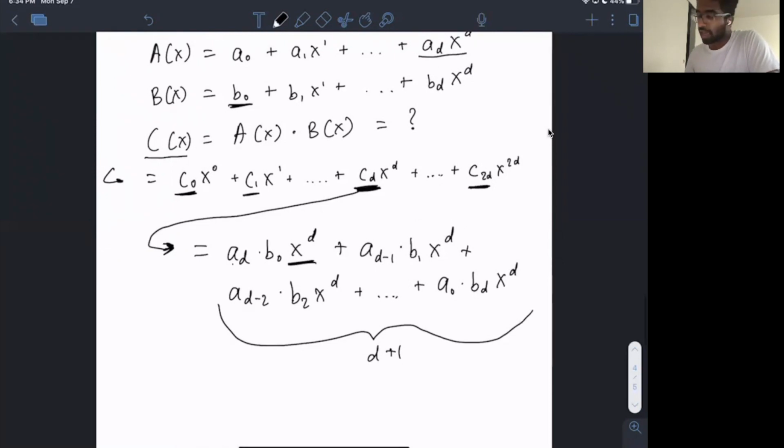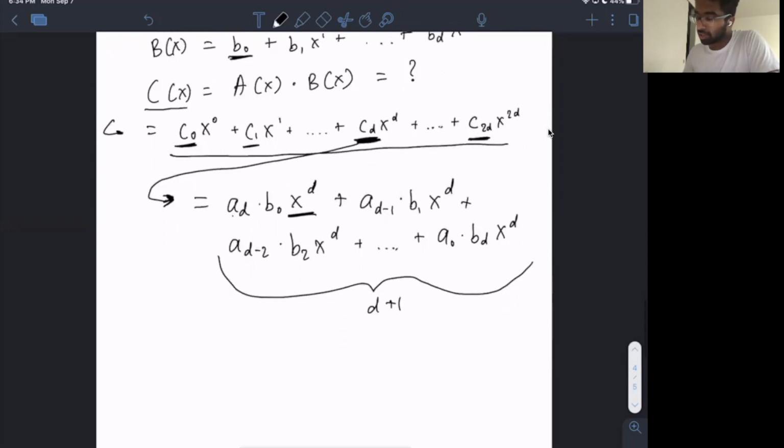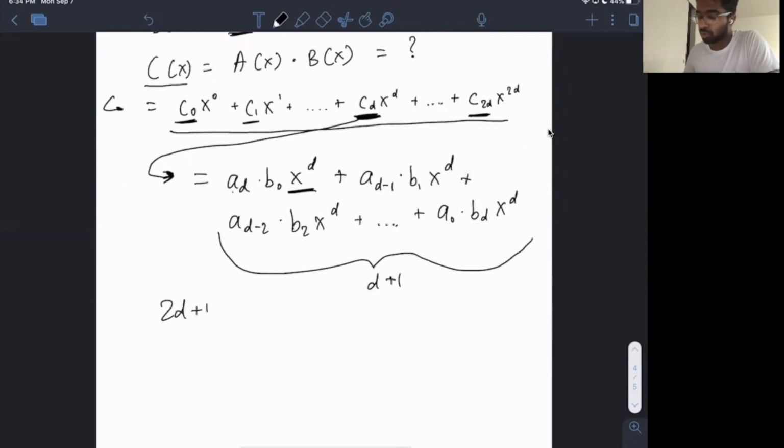And how many coefficients are there here? There's about 2D plus 1 coefficients, because there are 2D plus 1 terms, which means we have to find 2D plus 1 coefficients. For each of these, we have to do on the order of D calculations.